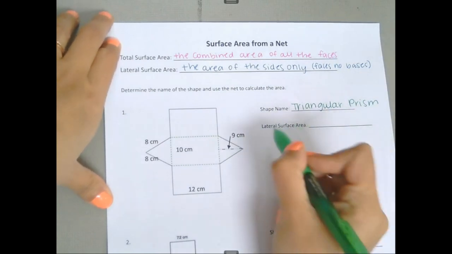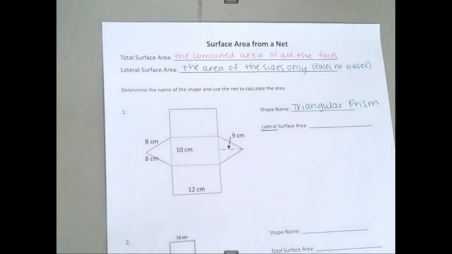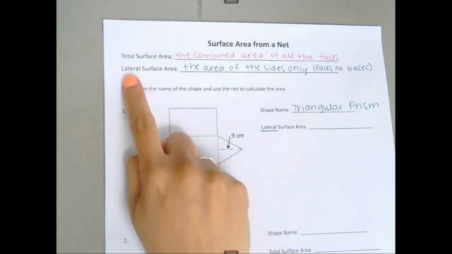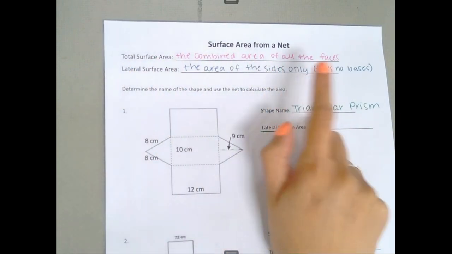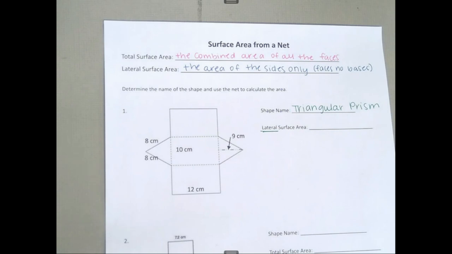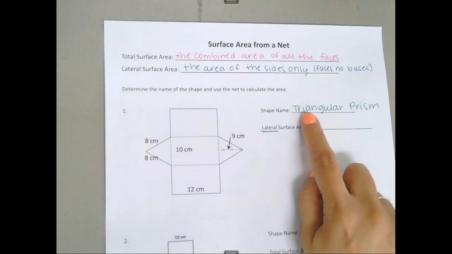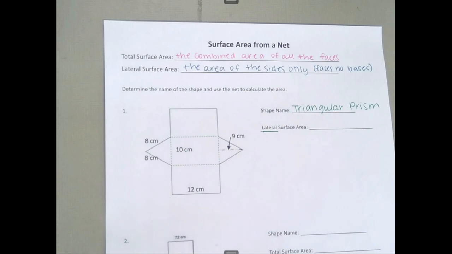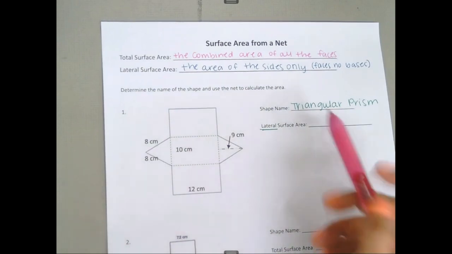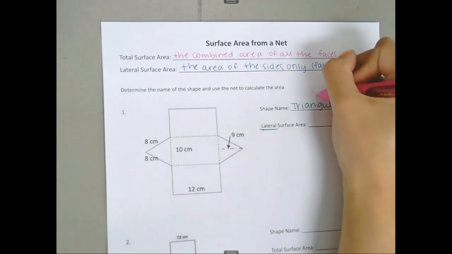And then it wants us to find the lateral surface area. So we said lateral surface area means sides only. Now the reason that we named our shape is because the first name of our 3D figure tells us what our base is. So since this is called a triangular prism, the triangles are my bases.